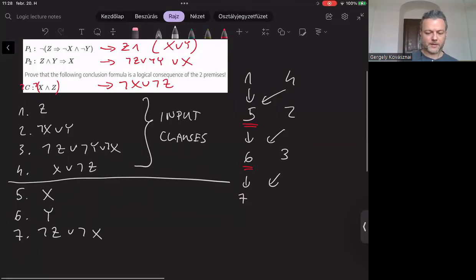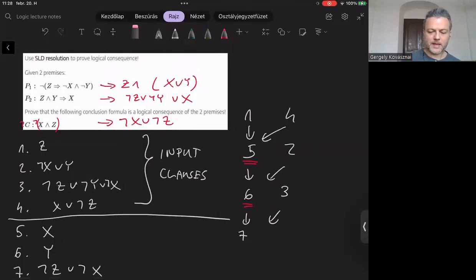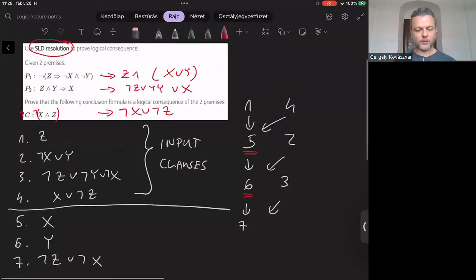Why is that? Because SLD resolution defines a very strong constraint, restriction. SLD resolution restricts us to choose a side clause only from the set of input clauses. Again, you are allowed to choose a side clause only from the input clause set.